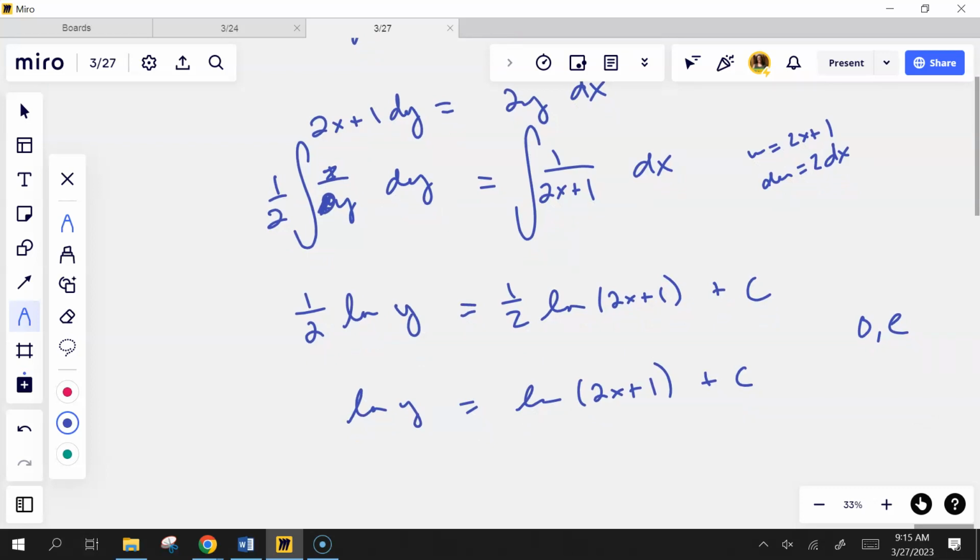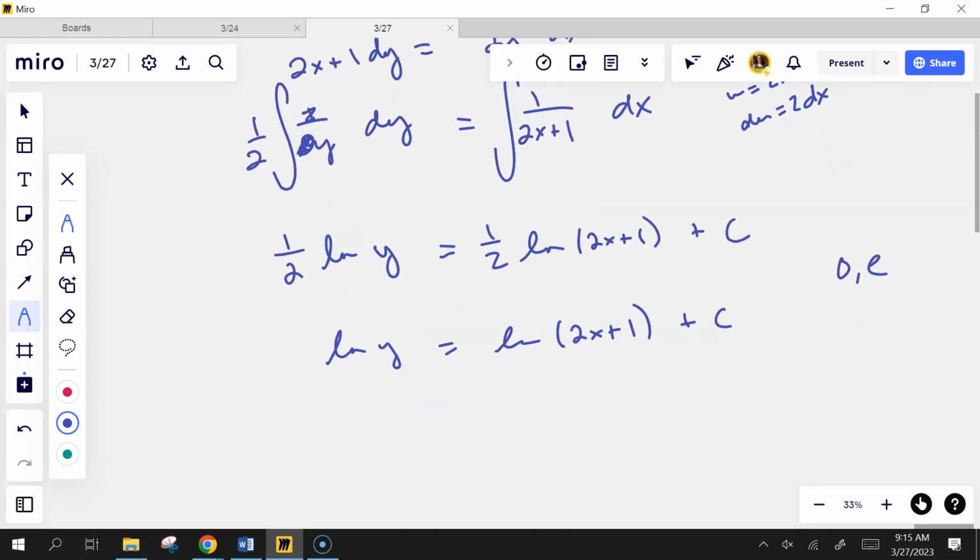Yeah, from both sides. I hope this works out because I had log 2y here for some reason.